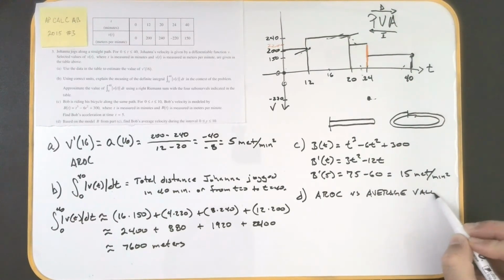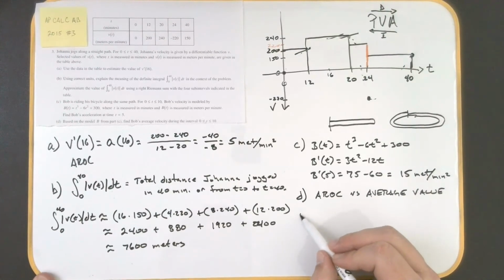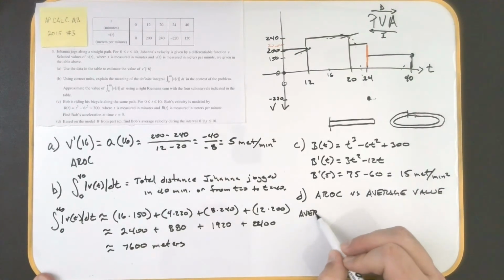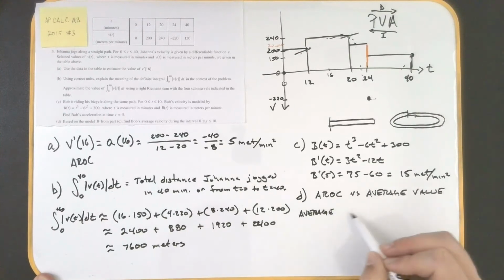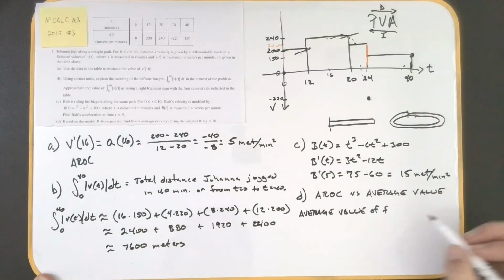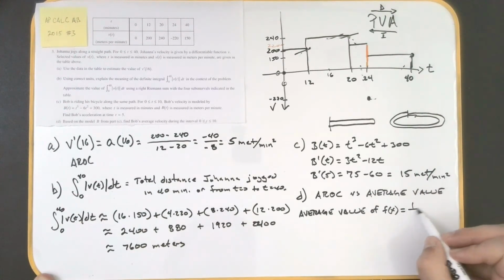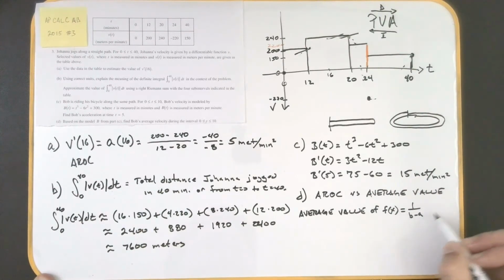Now, earlier in the year, we went over average value, and I like to include some notes here as we're doing the question. So the average value of a given function, I'm just going to call it f, the average value of f of x is equal to 1 over the interval that you're evaluating it at.